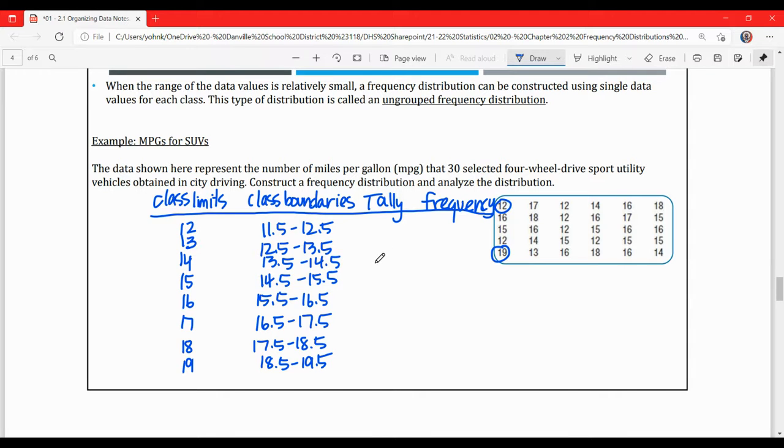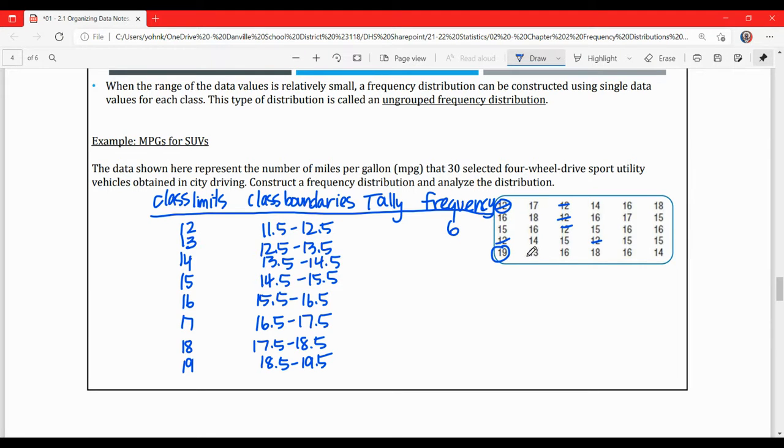Then I can go through and do my tally. So again, I could either count. This time, we'll count and see how many there are of each. So there's 1, 2, 3, 4, 5, 6 twelves.